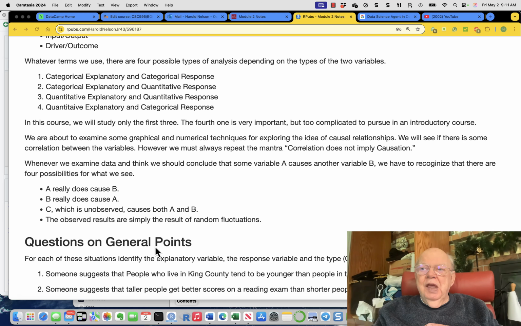First, A really does cause B. But the second, and there's really no way to distinguish the second from the first using statistical methods, is that B causes A. And then there's C, which is unobserved, causes both A and B. C is what we call a lurking variable.